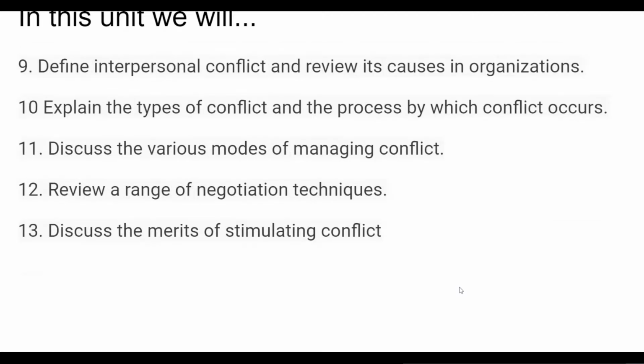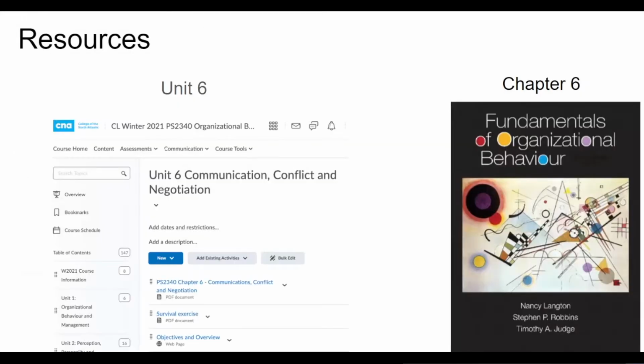The second part of this we'll look at later, which is the conflict and the issues around negotiations. In terms of the key resources for this, we're looking primarily at Chapter 6, particularly in this particular section.